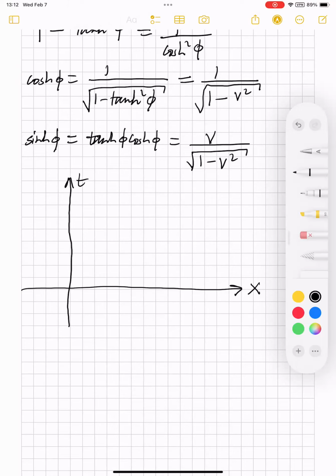So let's imagine I'm drawing all of this at time t is equal to 0, when the origin of O and O prime was at the same point. Now, what is the t-axis? The t-axis is the line x equals to 0. That's what that line is, x is equal to 0.